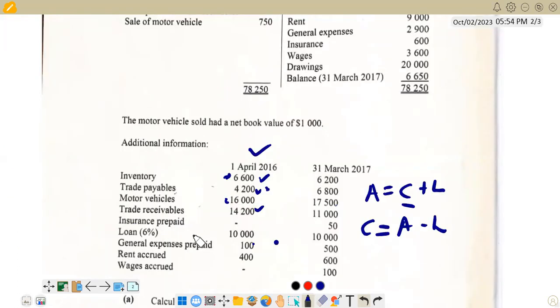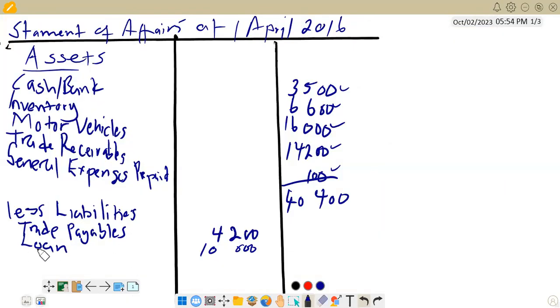Then after loans, we have got general expense prepaid. This one is a current asset. Go to rent accrued now. Rent accrued is the last one, which is a liability, which is 400. So we have 400 here. I think we now have exhausted all the liabilities that we have in the question.